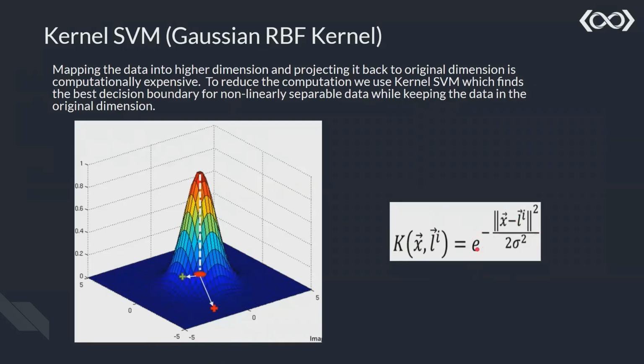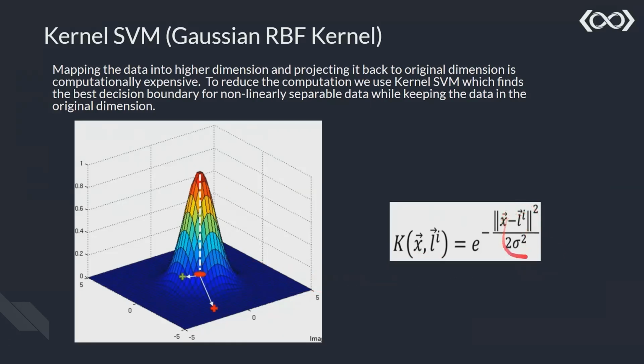Here I'm taking e to the power of negative of the square of the vector distance between x and L. Let's take this as my x, which has some features x1 and x2. I find the vector distance between these two vectors L and x, and let's suppose for some sigma it's quite big.